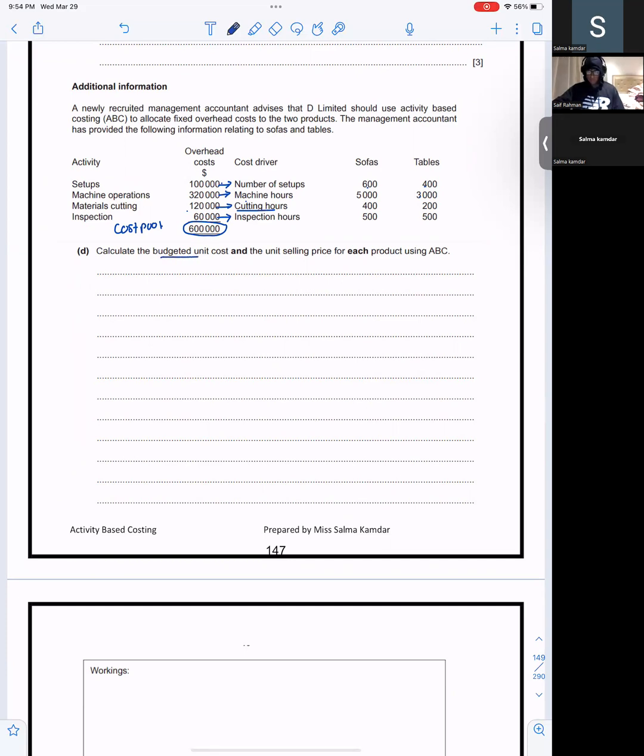Budget cost and unit selling price for each product using ABC costing. So I have sofas. I have tables.